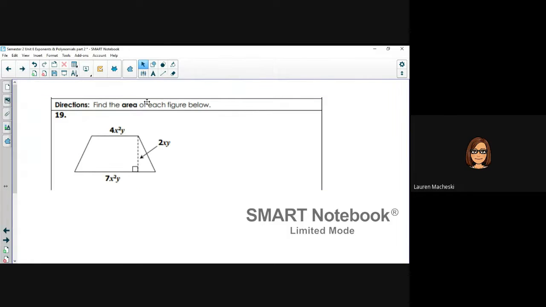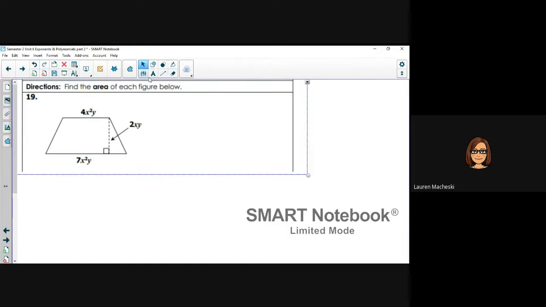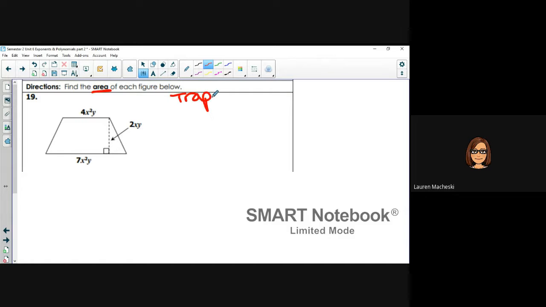All right, so number 19. Does anybody know what type of figure this is? It wants me to find the area of this figure. Anybody know? This figure is a trapezoid. Hopefully you got that right. Now, the more important question is, does anyone know the area formula for a trapezoid?